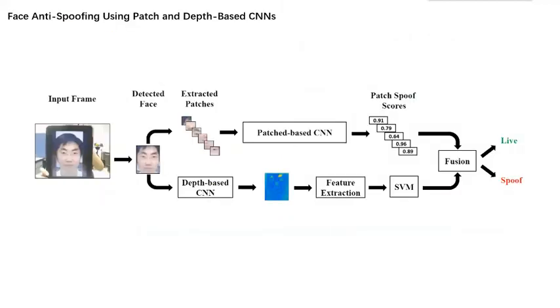The first is face anti-spoofing using pattern depth-based CNNs. This article shows that the face depth map can be used to tell the difference between the living body and the non-living body, because the face on a screen is generally flat, the face on paper is distorted, and the 3D distribution of a real face is also different.